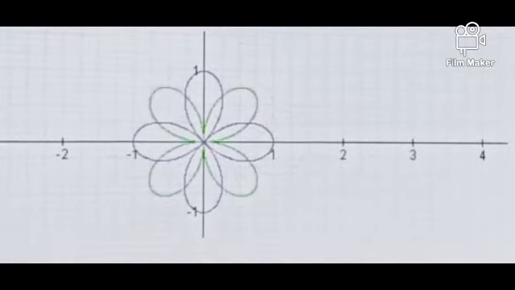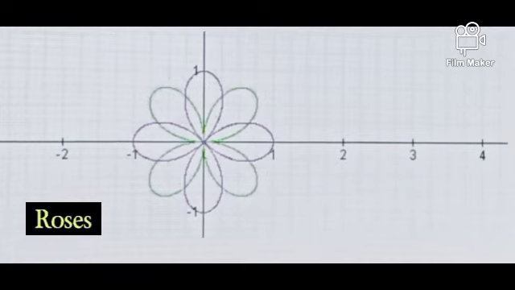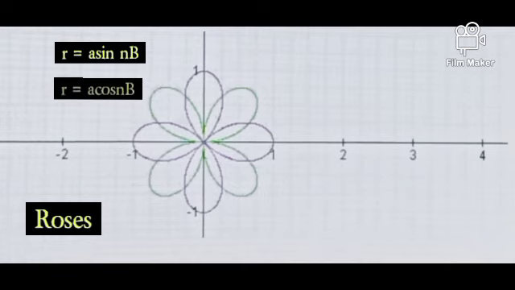The next set of graphs of polar equations is known as the roses. Roses have polar equations either of the form r equals a sine nb or r equals a cosine nb. In both polar equations, a is a real number, n is a positive integer, that is, n is a counting number, and b is the angular measure in radians.